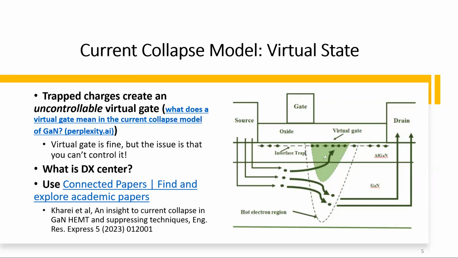They say, okay, the trapped charges, the interface trap, no matter what trap you're talking about here, it could be everywhere, pretty much. You create a virtual gate. A gate means something. A gate means that it's modulating your current. That's what gates are about, right? Gates try to control.